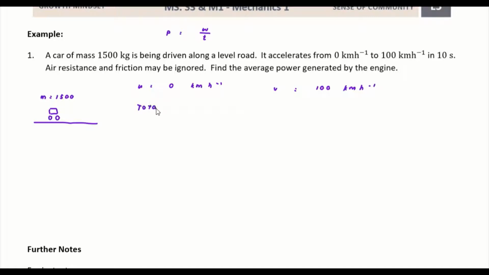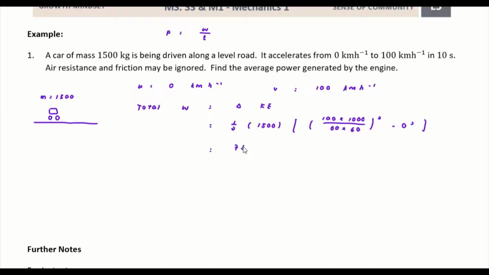So the total work done here is equal to the change in kinetic energy, which is half times the mass, which is 1500, times v squared minus u squared. Remember to change our unit here. So 100 km change to meters, then the hour change it to seconds, so it's divided by 60 times 60, squared. And for this one, it's 0. After you convert, it's still going to be 0 as well, right? Now let's try to expand it.